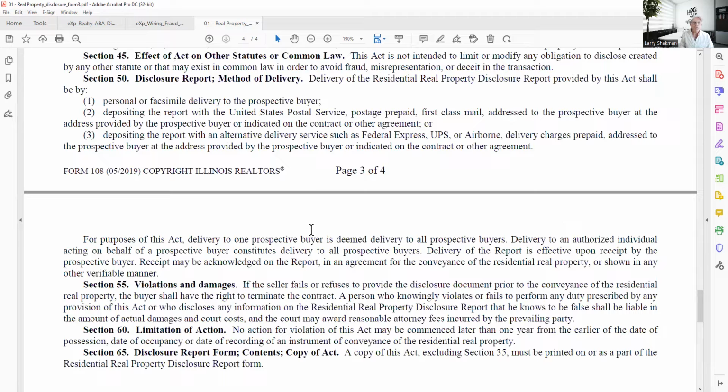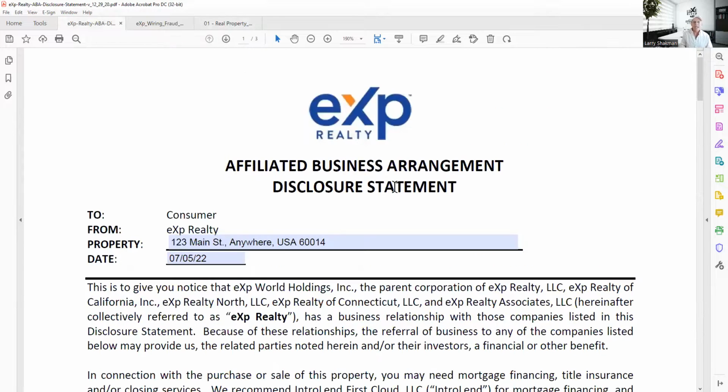So now let's move on to two other disclosures that are proprietary disclosures for eXp Realty. However, I'm sure most brokerages are going to require their buyers and sellers to also sign similar disclosures. The first one we're going to look at is the affiliated business arrangement disclosure.